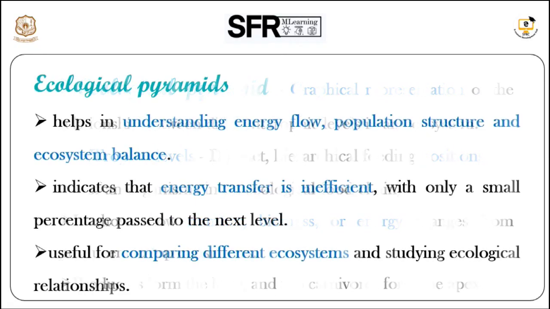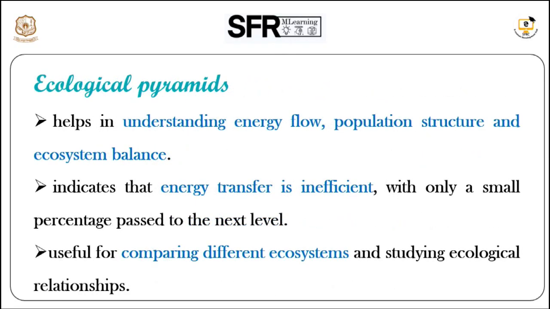Okay. So the next one is, what is the role of ecological pyramids? So easily with the help of graphical representation, we can identify the energy flow, population structure and ecosystem balance. And with the help of pyramids, we can identify that the transfer of energy is inefficient, because every time there is a transfer of energy from one organism to another organism, or one trophic level to another trophic level, there is always a loss of energy.